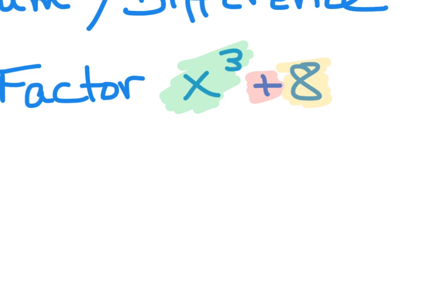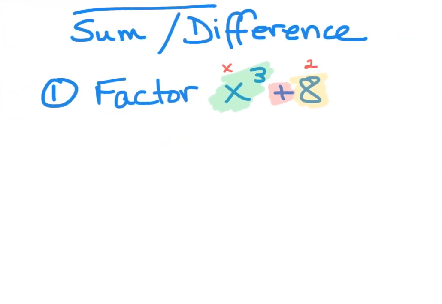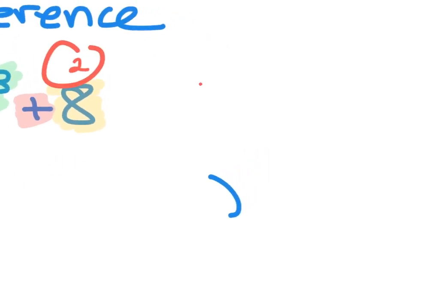My thinking here is that the cube root of x cubed is x, and the cube root of 8 is 2. So the first part of my answer is going to have an x and a 2, and I'll worry about the signs in a minute. The next part of my answer is going to be a trinomial, or have 3 terms. To figure out those 3 terms, I take the x and the 2 that I wrote and write each of them 3 times: x, x, x, 2, 2, 2.